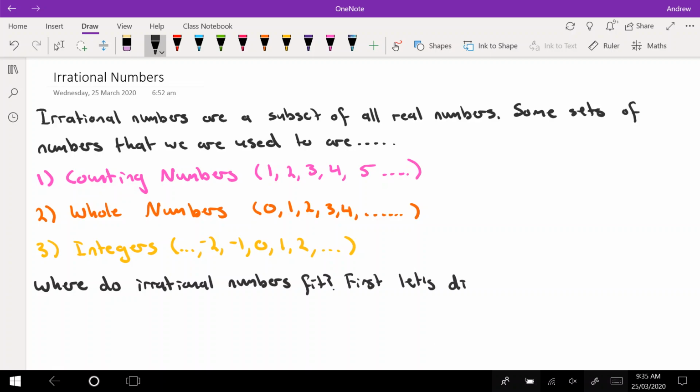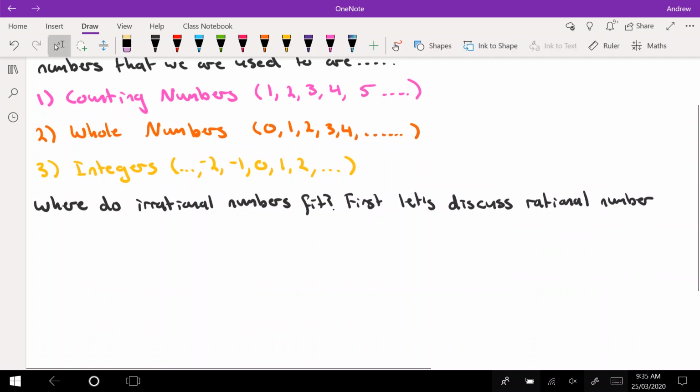First, let's discuss rational numbers. What's irrational? Now, if your parents are ever saying that you're being irrational, it really means that you're just being nonsensical. It means that you're not making sense, you're not presenting a good argument, really.